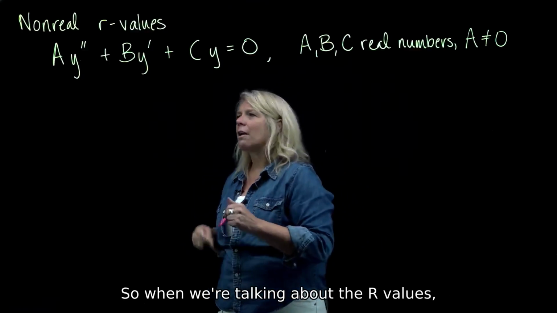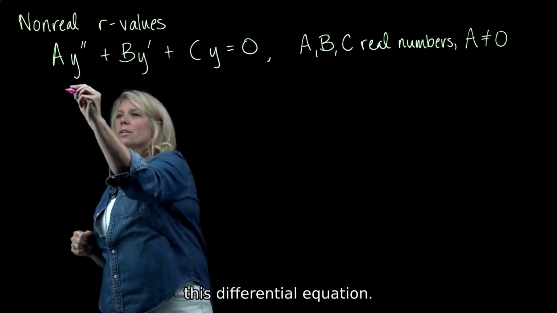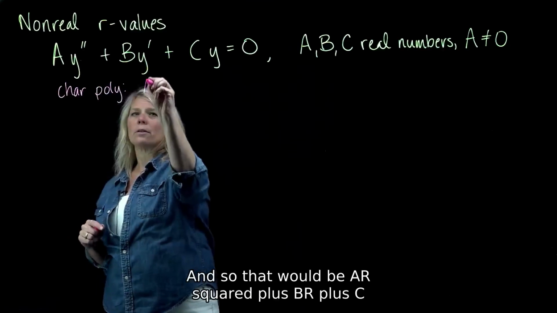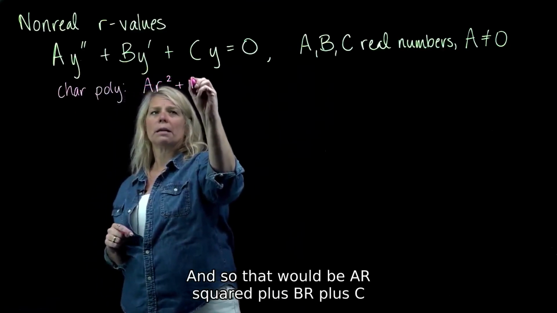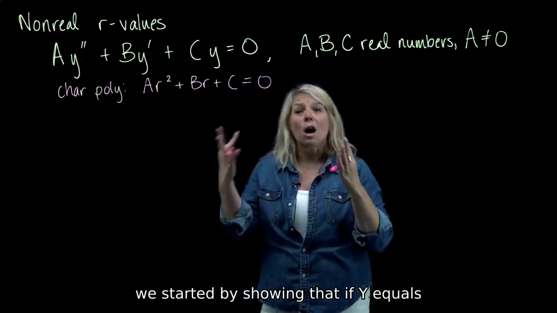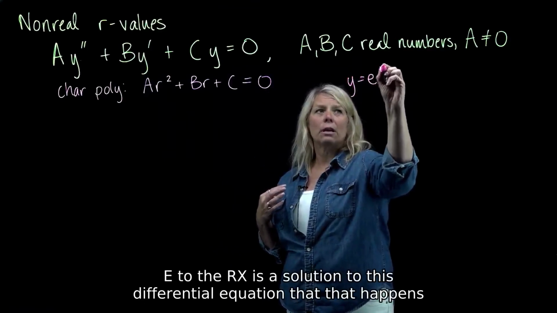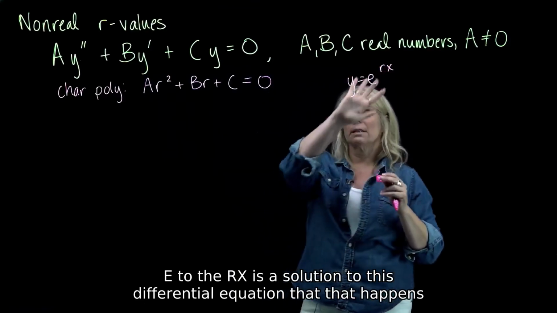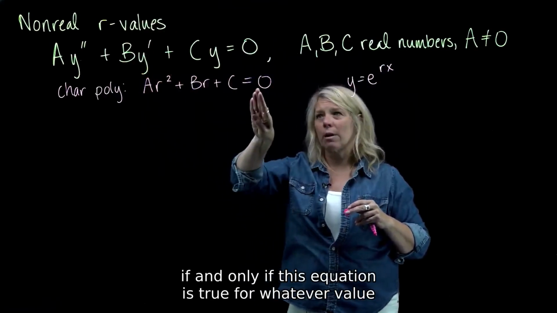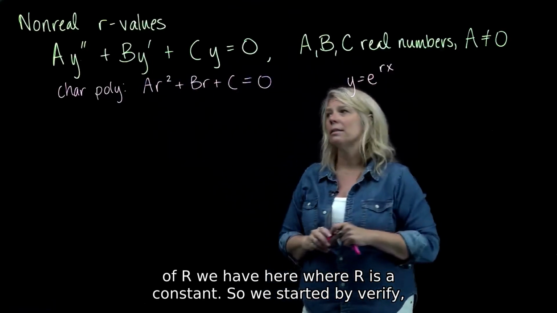So when we're talking about the r values, what we're talking about is that you can write a characteristic polynomial for this differential equation, and that would be ar squared plus br plus c equals 0. We started by showing that if y equals e to the rx is a solution to this differential equation, that happens if and only if this equation is true for whatever value of r we have here, where r is a constant.